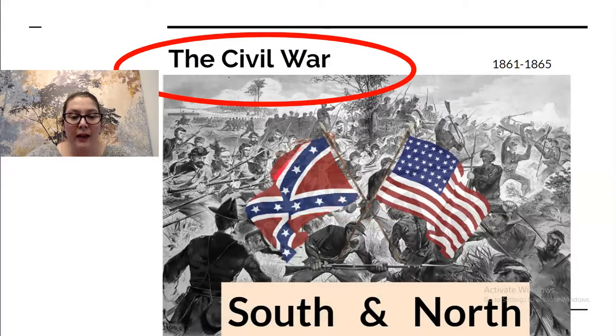This flag is the flag from the southern states, the South. And this flag is the flag from the northern states, or the North. And the two sides fought for about 5 years, from 1861 to 1865. Maybe you will still see this flag in places.